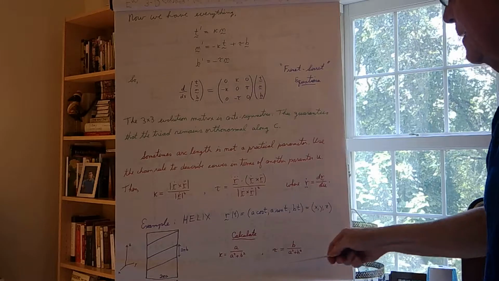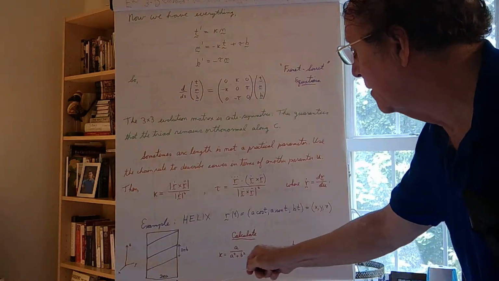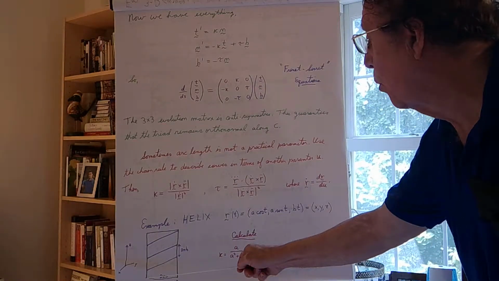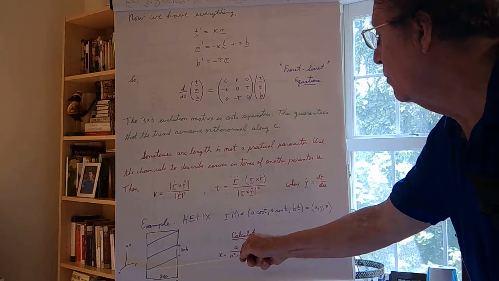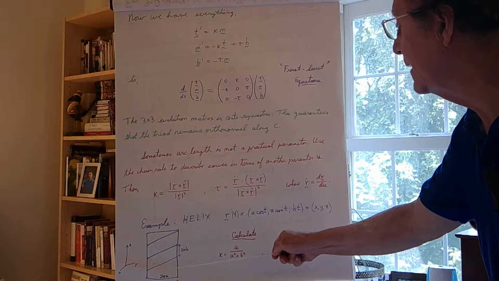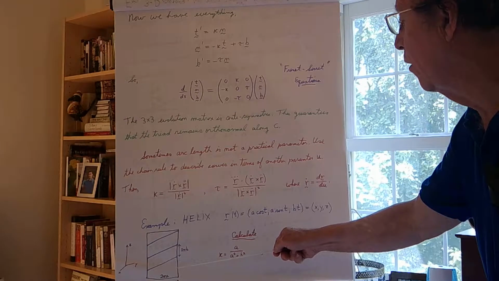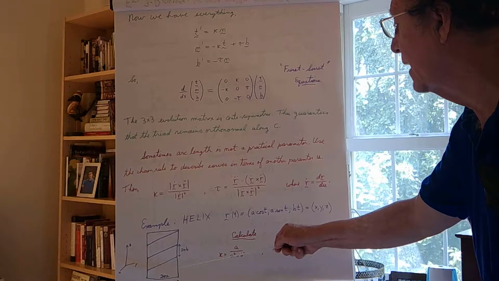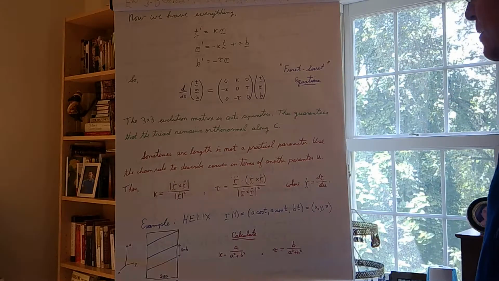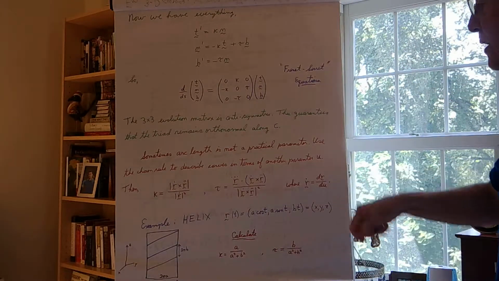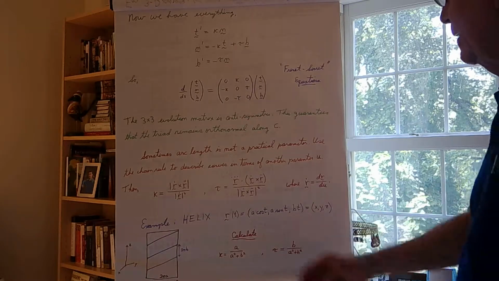So as it goes around the cylinder once with a radius a, it moves a distance 2 pi a, and when it goes over that distance, it rises by an amount which I'm labeling 2 pi b. So for each one of the turns, it increases its height by 2 pi b.